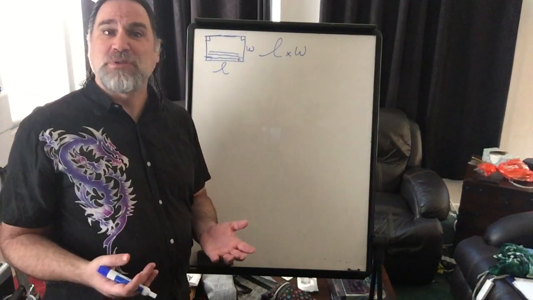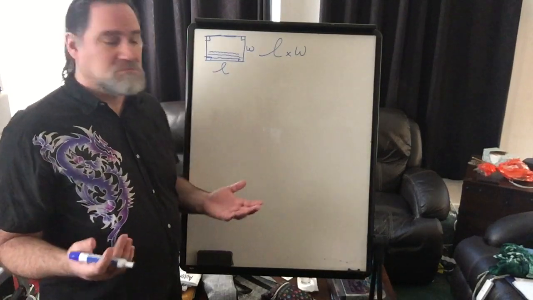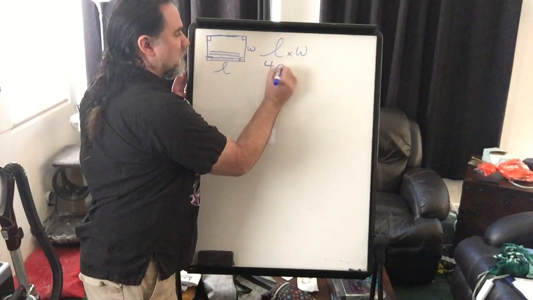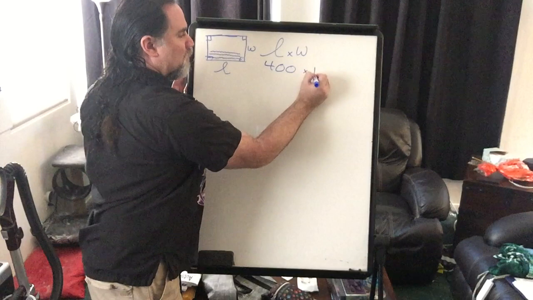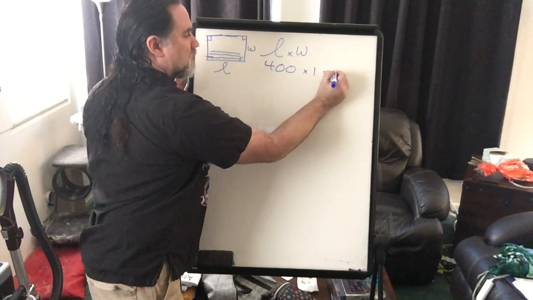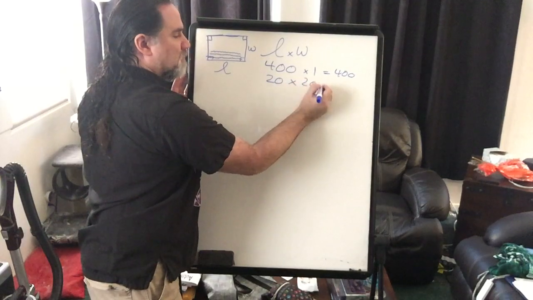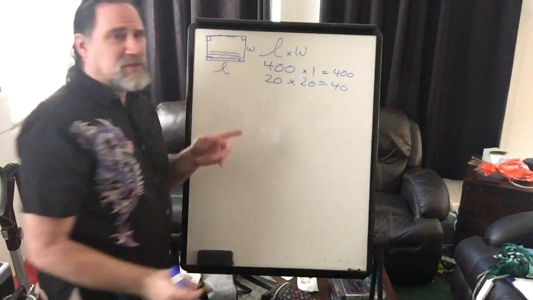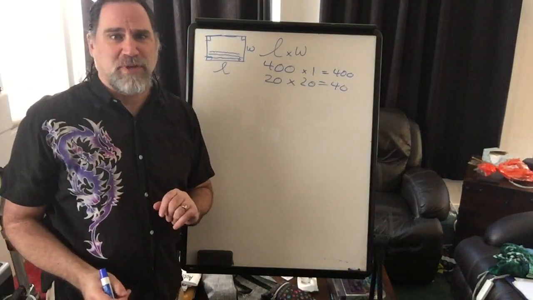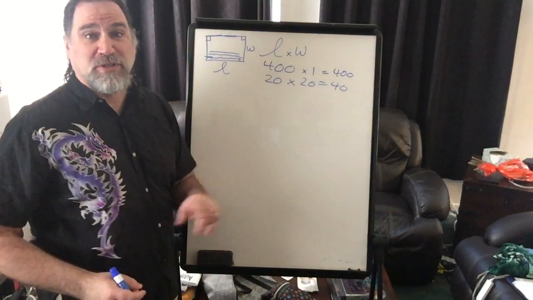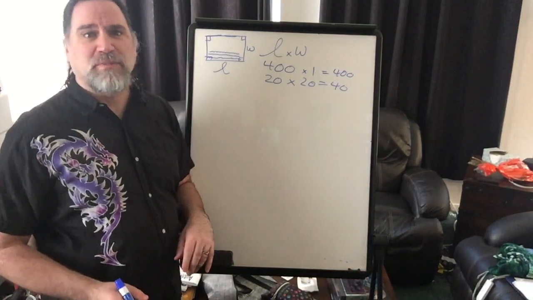But if you built something that was 20 feet by 20 feet, 400 feet times 1 foot would give us our 400, and 20 by 20 would also give us 400. But you'll find there's a lot less building material in that 20 by 20 because of the perimeters. And we'll talk about those some other time.